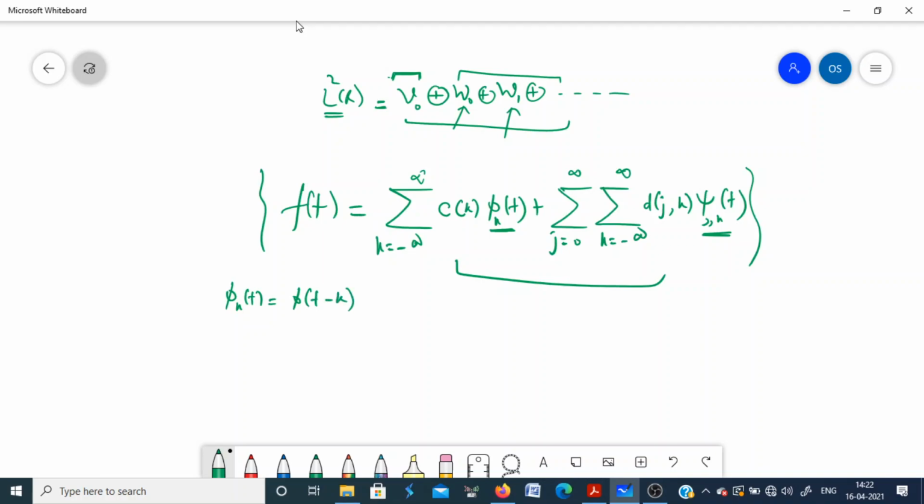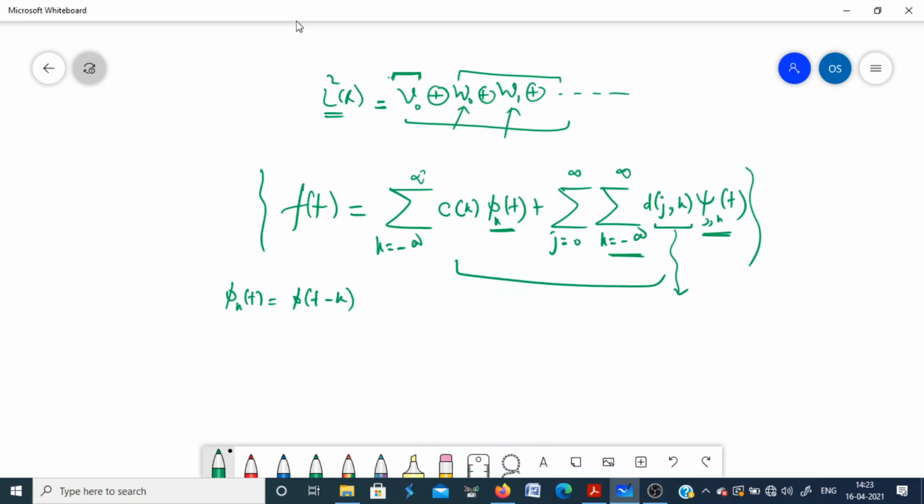And in place of a j, now we have used d j, which basically represents the detailed information in the signal. When j is 0, then you compress it by 2, then when j is 3, compressed by 4, 8, then 16, 32, 64, and so on. And k is again used for the translation.